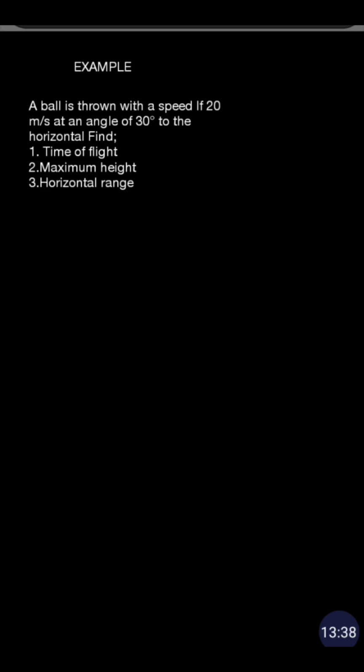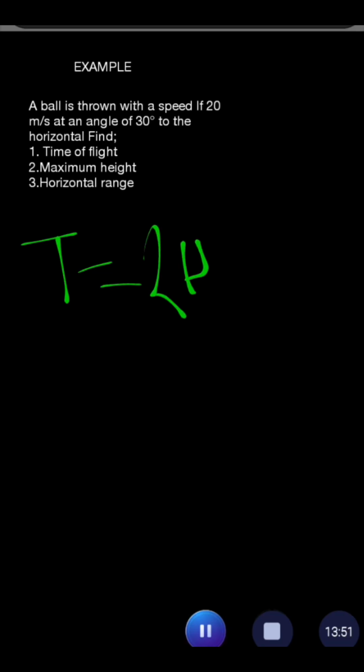For the time of flight, the formula is 2u, which is initial speed, sine theta over g.